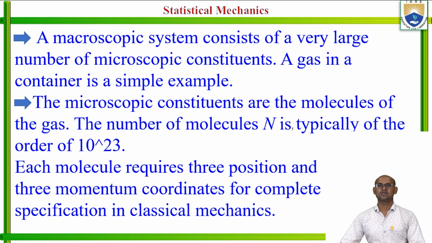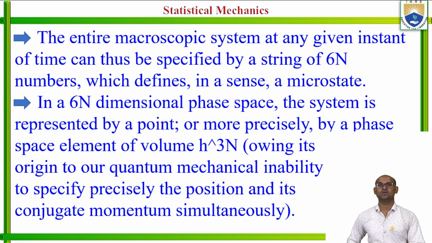So 6 coordinates are required for the complete specification of a single molecule. The entire macroscopic system at any given instant of time can thus be specified by a string of 6N numbers, which defines in a sense a microstate.